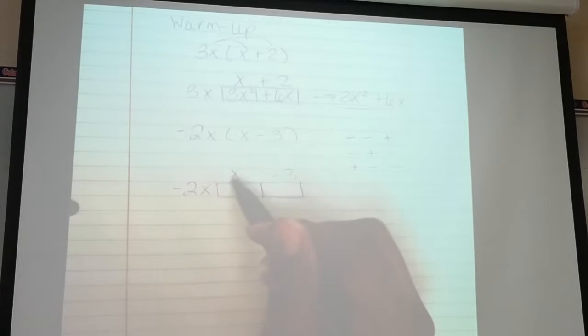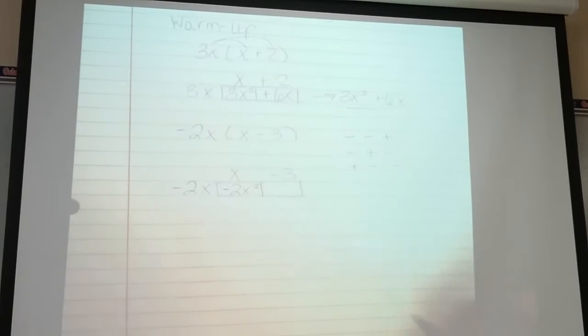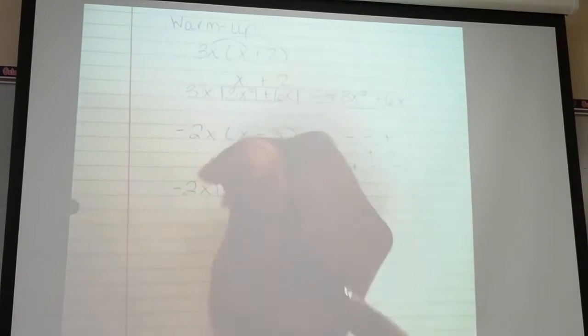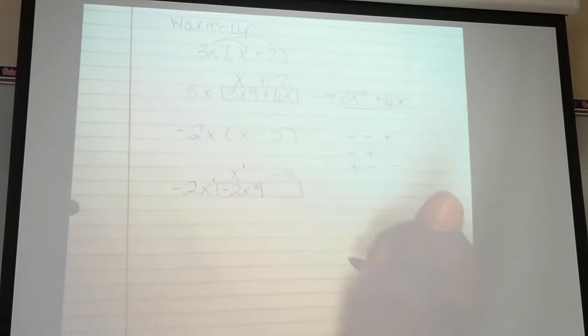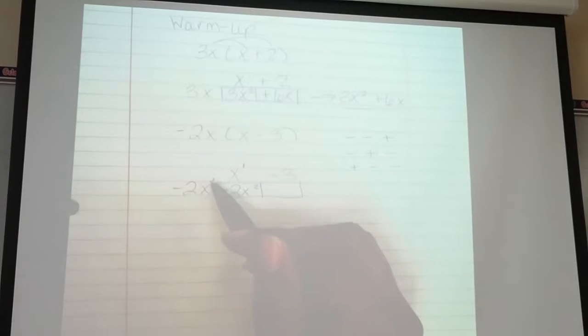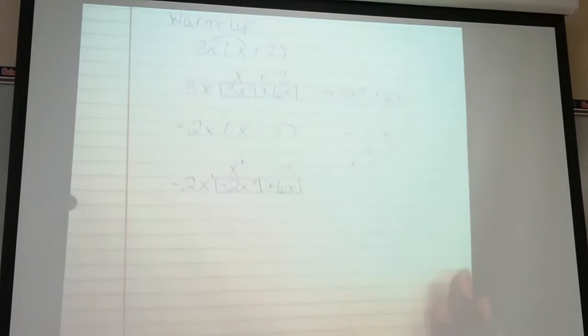So we have side times the top, so negative 2x times x is negative 2x squared. Remember, if there is no exponent on your variable, it's the same as having a 1. So you multiply the coefficients, add the exponents. Negative 2x times negative 3 is positive 6x.